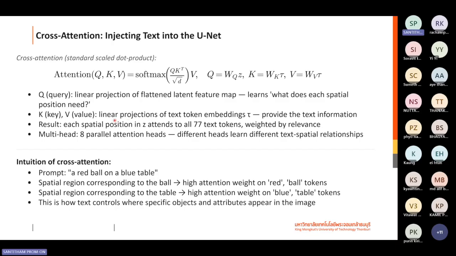So K and V here will be linear projections of the token embedding. So the result here would be the attention of the text related to the image that is trained.